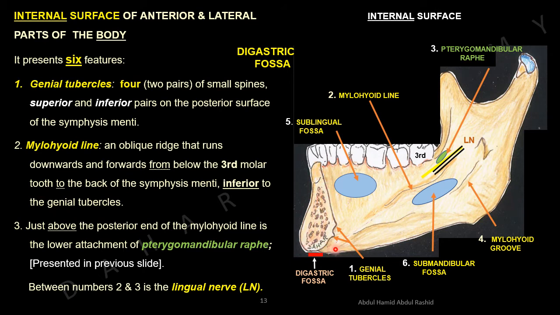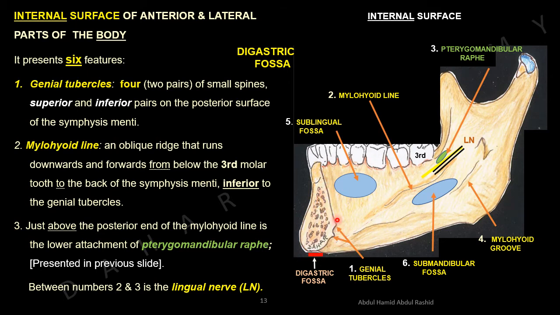We have already mentioned that this inferior border of the mandible we call the base, and at the base on either side of the anterior median plane we have one fossa each. That fossa is called the digastric fossa, attached by the upper end of the anterior belly of the digastric muscle. This is the internal surface of the symphysis menti.